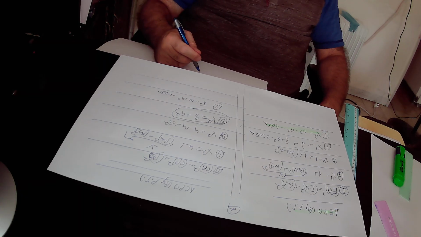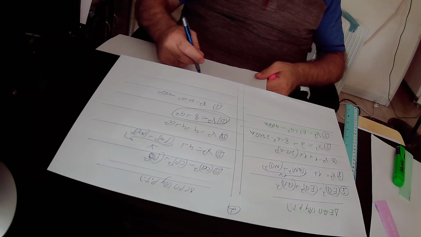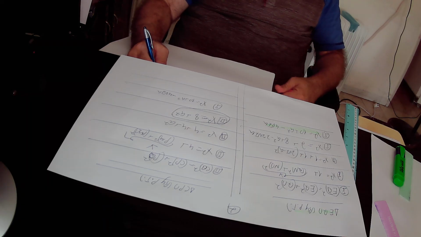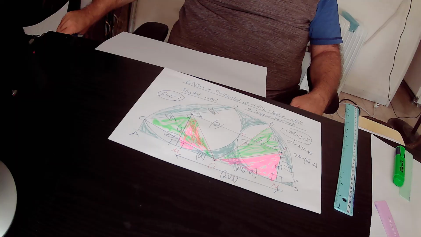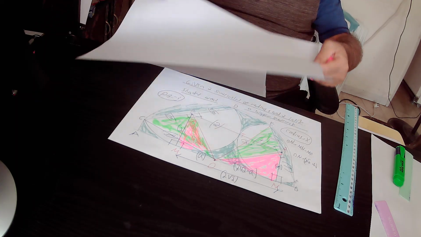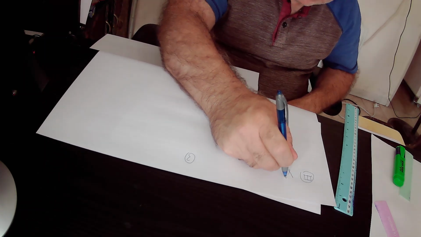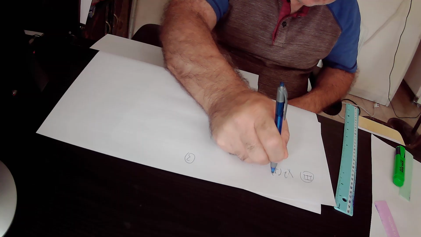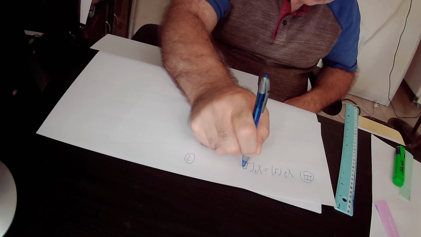So we have two equations for x squared. Therefore, we get equation 3, which says that x squared according to equation 1 will be equal to x squared according to equation 2.